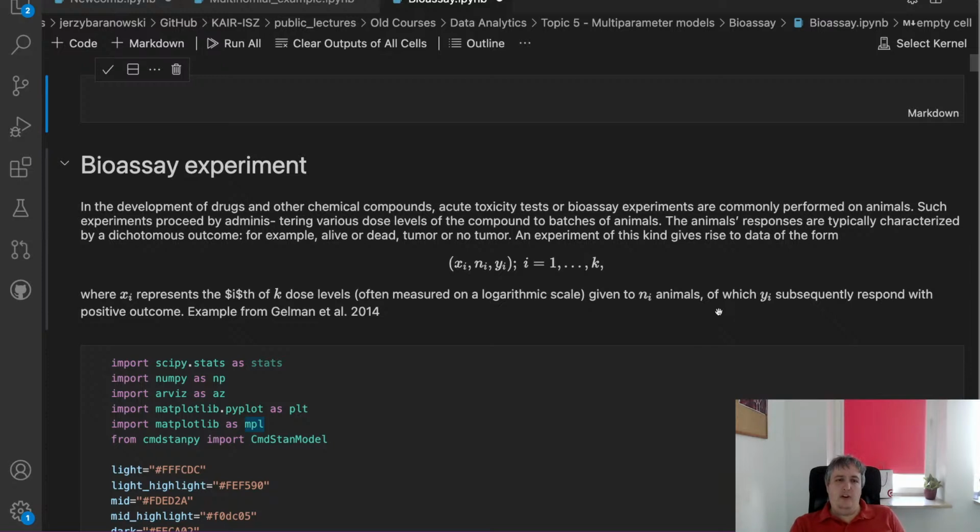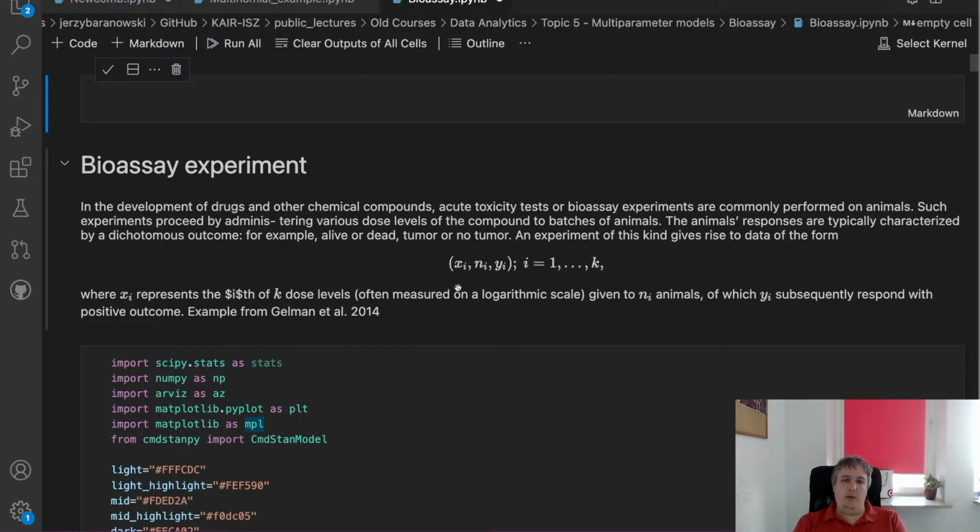The result of our example is given by an outcome like, usually, will it survive or will it die, will it have a tumor or not, and we'll get data consisting of dose levels, number of animals, and number of animals which, for example, survive with a positive outcome.